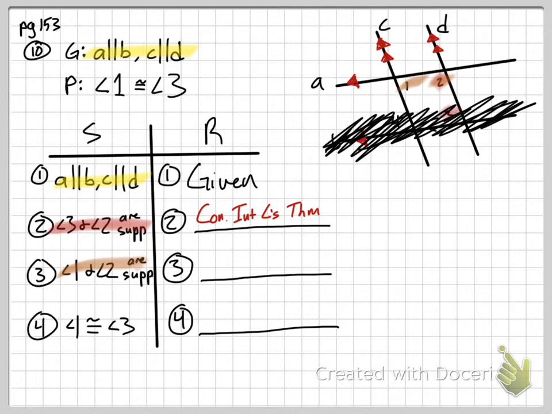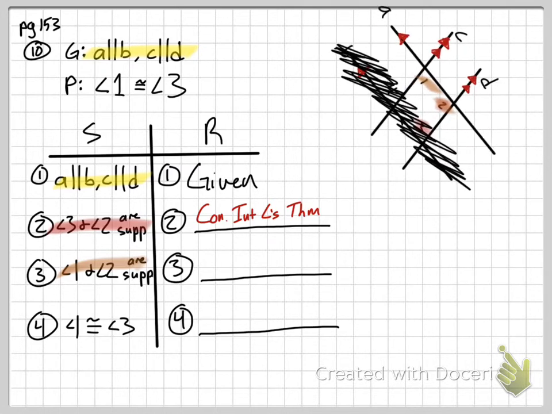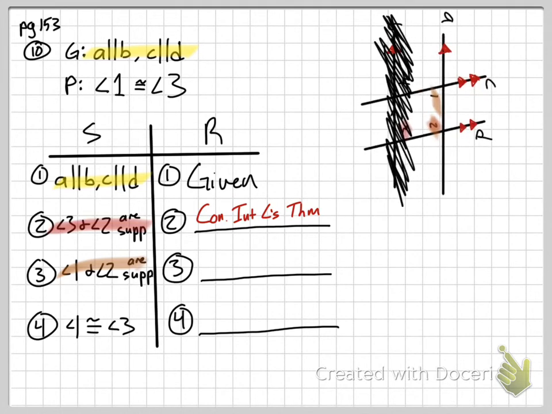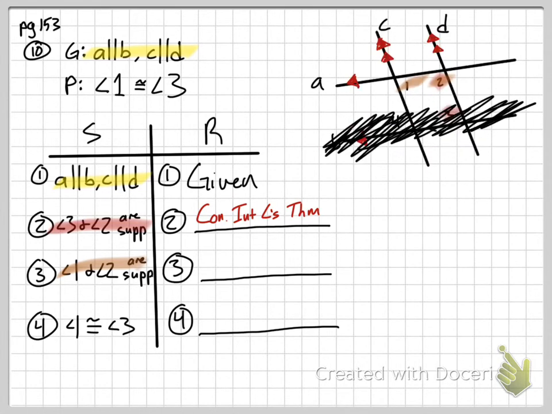One of the things I've discussed in my classes is that a lot of times when we're working with transversals and parallel lines, our pictures are nice and pretty where the parallel lines go left to right. Here we're working with the same thing. Our parallel lines are just going vertical. So here we do have another pair of consecutive interior angles, which states that they are supplementary.